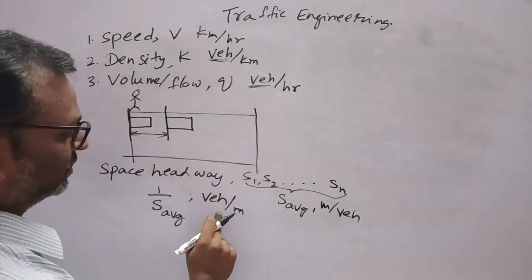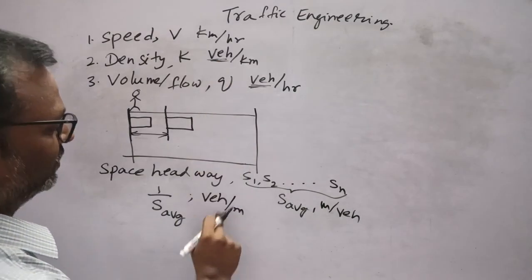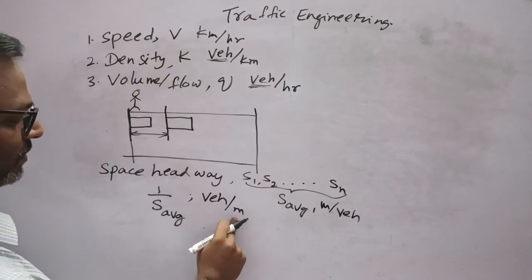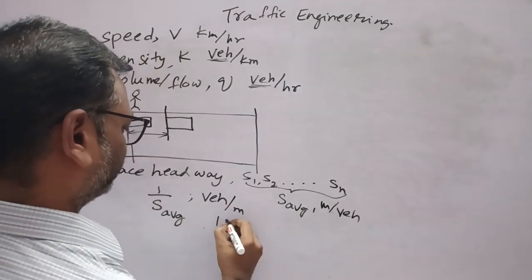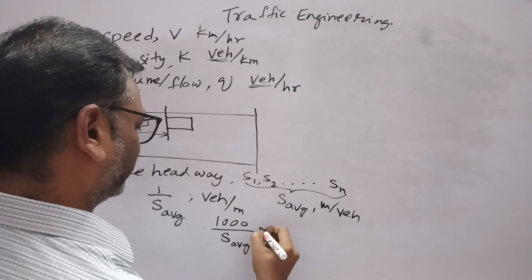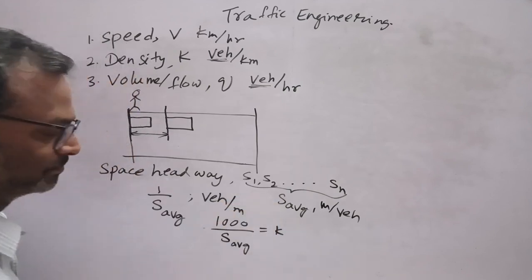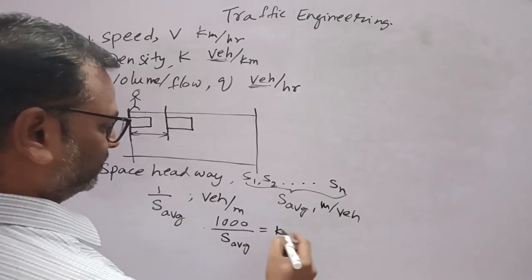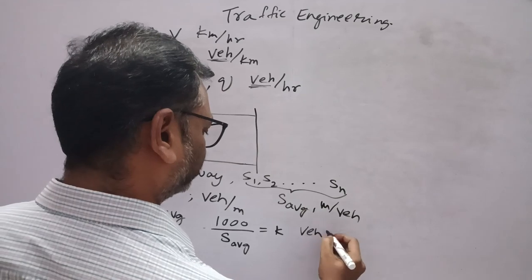You see, this is the unit of density, and you convert to vehicles per kilometer, that is 1000 divided by space headway is the density. Got it? In vehicles per kilometer.